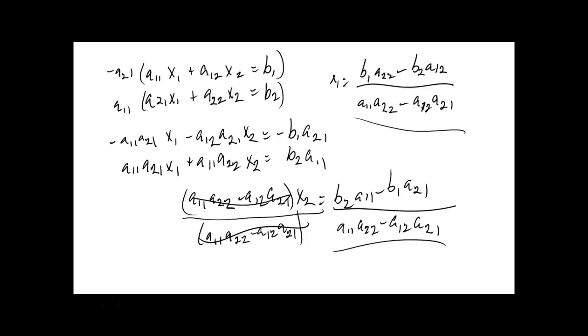Well, first, let's focus on that denominator. A11 times A22 minus A12 times A21. What does that look like? That's your determinant of a 2 by 2.